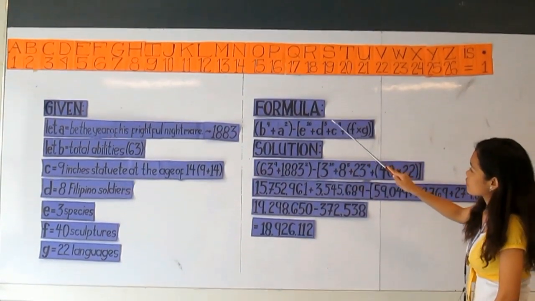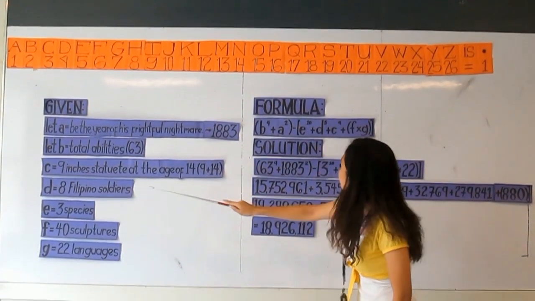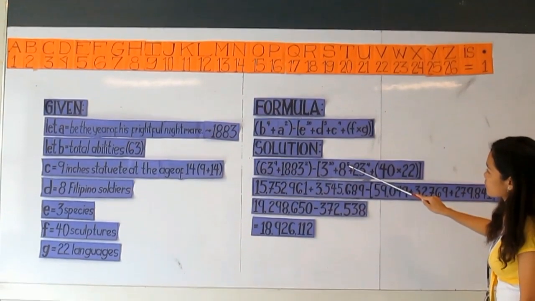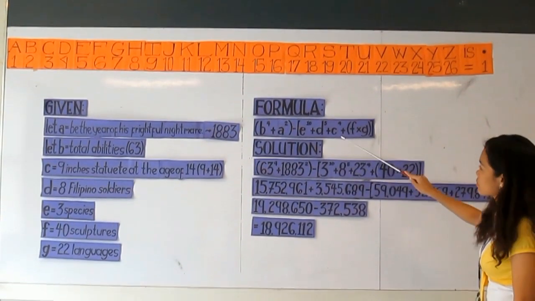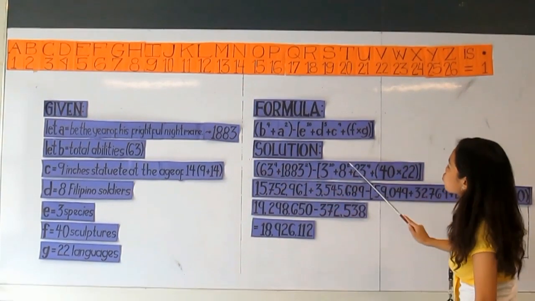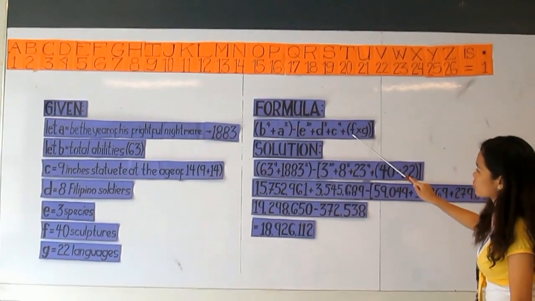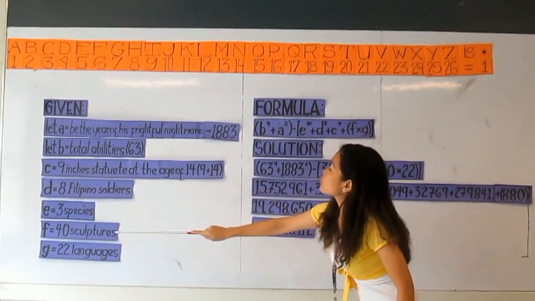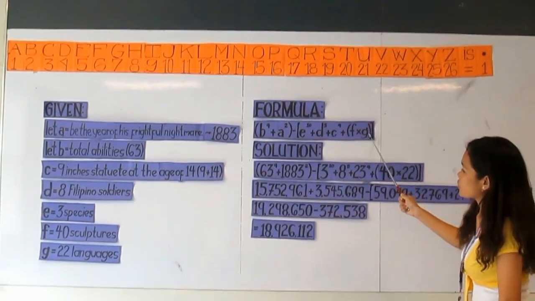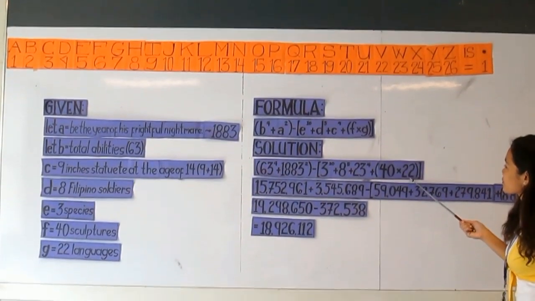And then letter D, which is 8 Filipino soldiers, so we have 8 raised to 5. And then C, 9 plus 14, so we have 23 raised to 4, plus F, which is 40 sculptures, times G, the 22 languages. So we may now simplify.